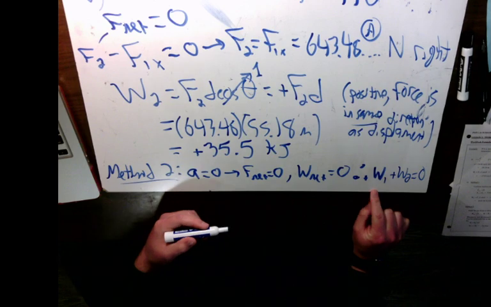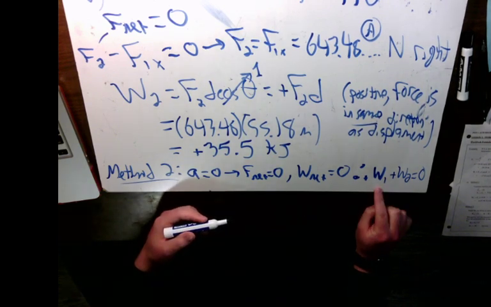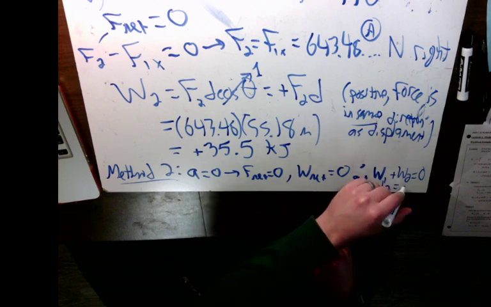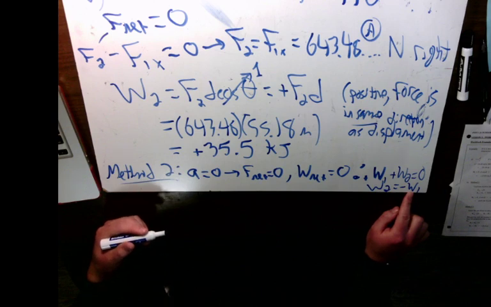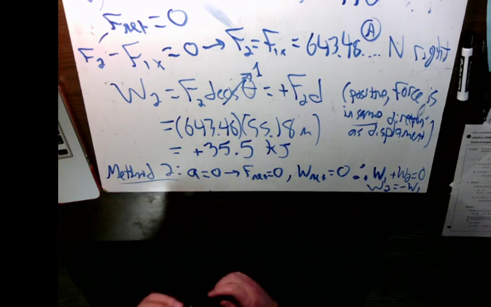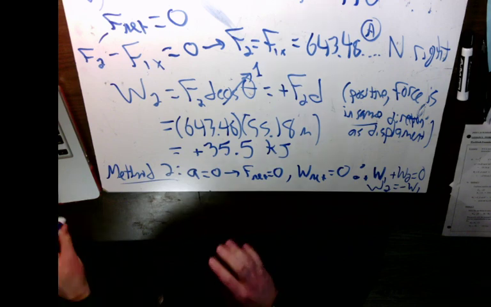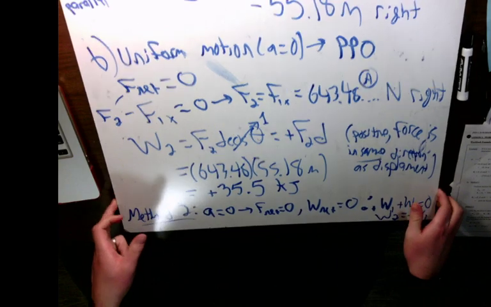So we know that the work done by force 2 needs to be opposite and equal to work done by 1, right? And we had negative 35.5 kilojoules for work 1, so work 2 has to be positive 35.5 kilojoules. Okay, so that's a way to solve that question as well. Okay, let's take a look at our next example.